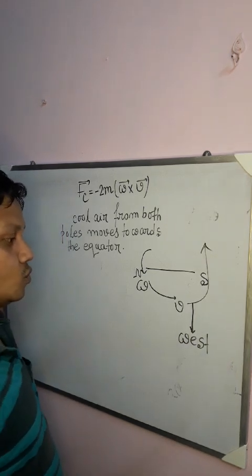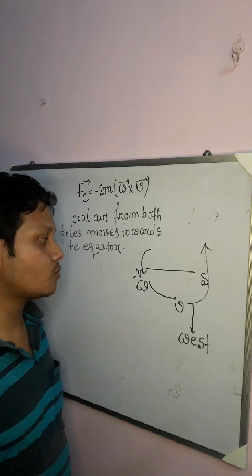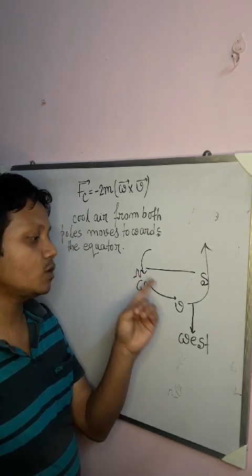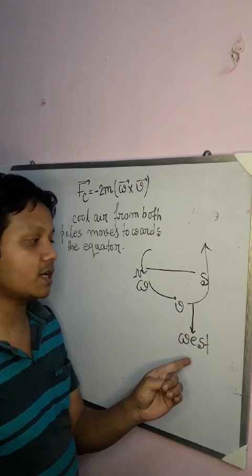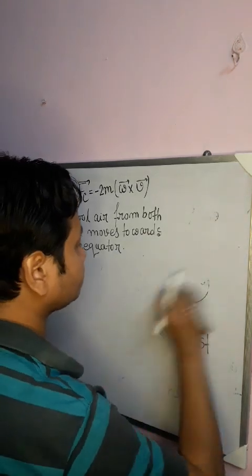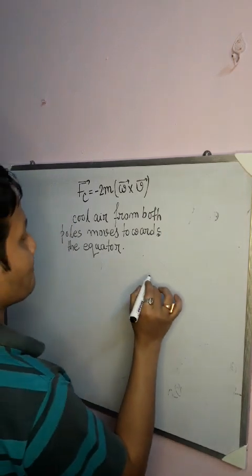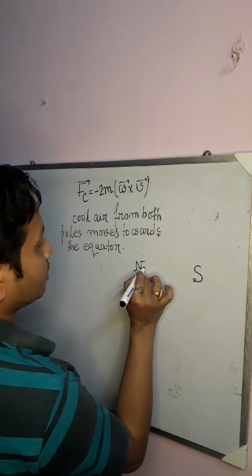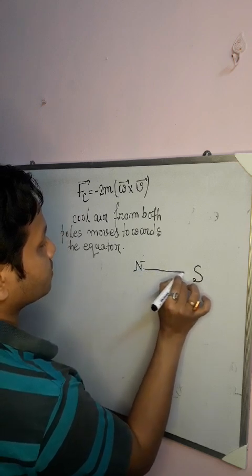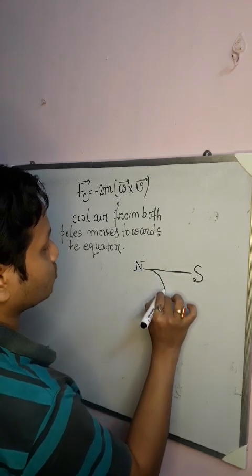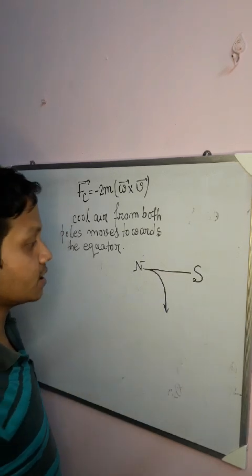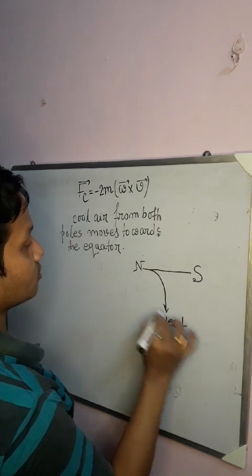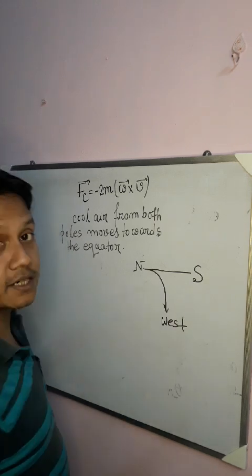Okay, so on account of Coriolis force, the air that was flowing from the north pole will be deflected towards the west in northern hemisphere. So if this is N pole, this is S pole, the air must flow towards this direction, but due to the effect of Coriolis force, it will turn into this direction. Okay, that is west direction. So this gives rise to northwest trade wind.